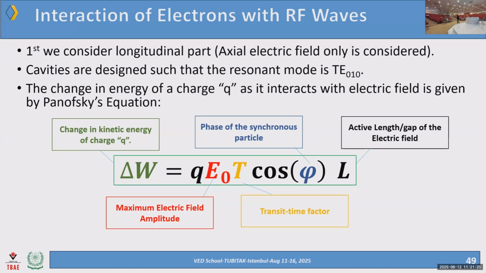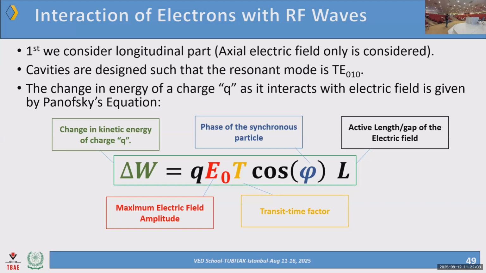Because we have a time varying electric field, imagine that these fans are modulated. They're not moving at a constant speed. The moment I start from here to there, the fan in my line will change its speed, so I will feel different fields, different thrusts. That different thrust will contribute another factor in the equation, the transit time factor. This is a very important factor, which tells us that you cannot always have acceleration.